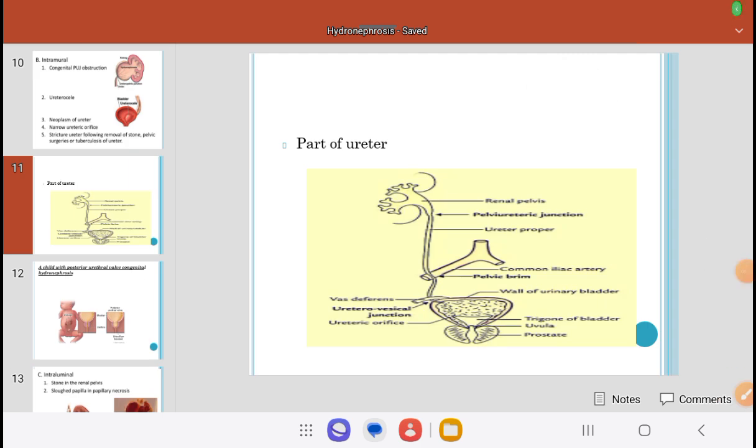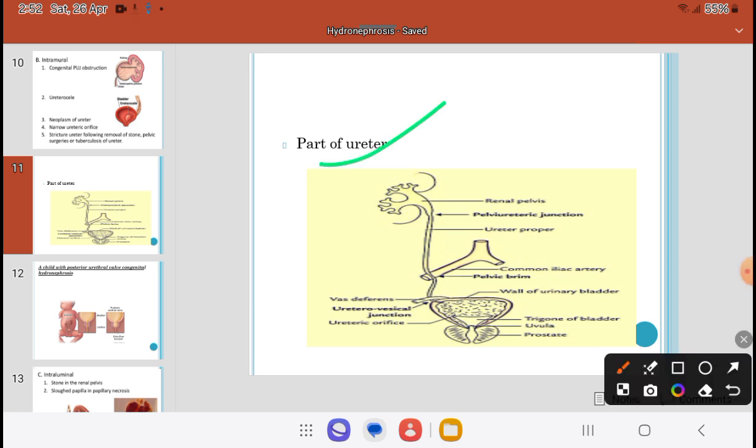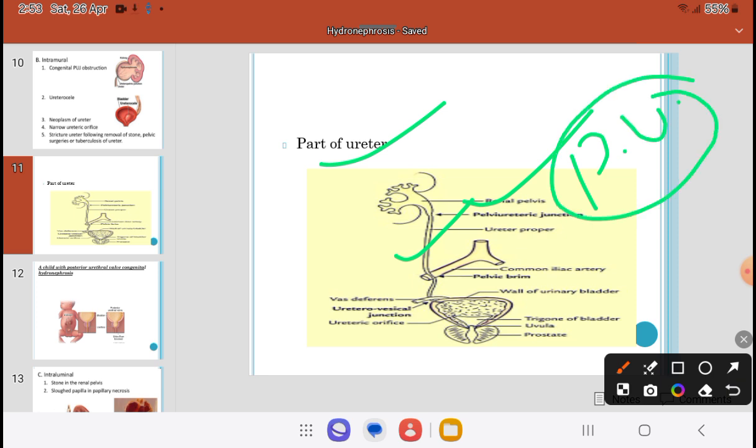This is the normal anatomy of the ureter. We can see the renal pelvis and the ureter, and at the junction of the pelvis and ureter, obstruction occurs that leads to hydronephrosis. In the normal anatomy of the ureter, there is nothing at the pelvis-ureter junction.